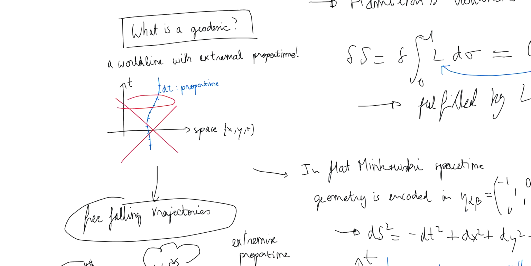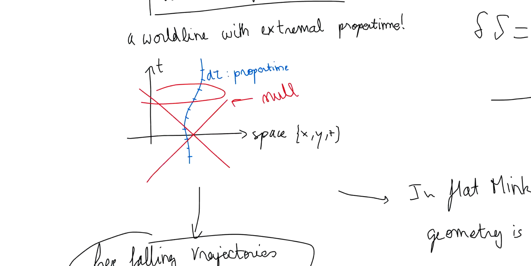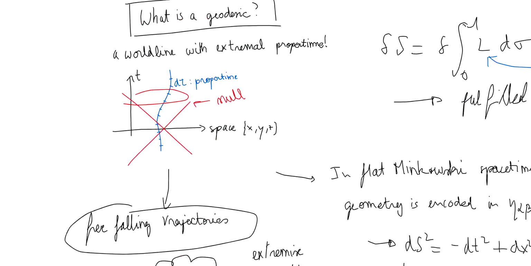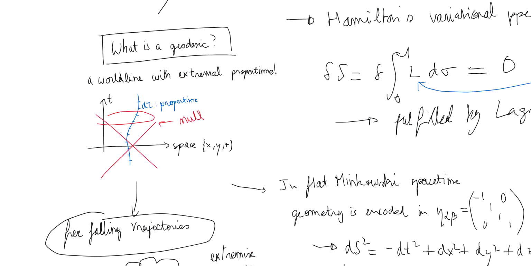These are null world lines, which means these are the trajectories of photons, which have no mass, and they go at light speed. No one can ever reach light speed. So we are confined in this light cone.